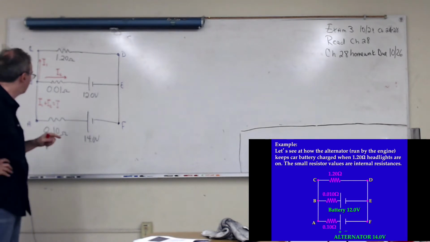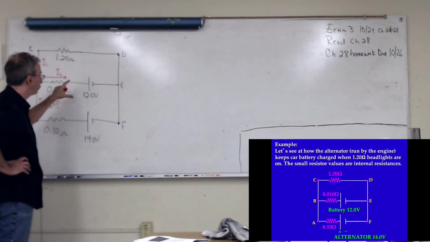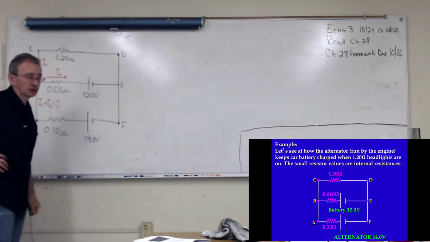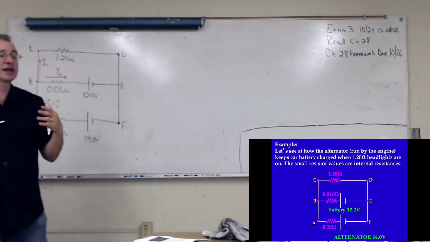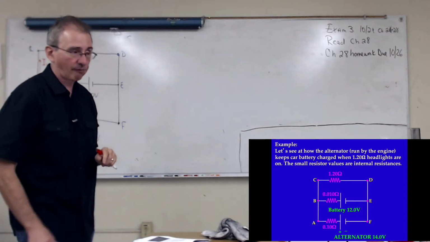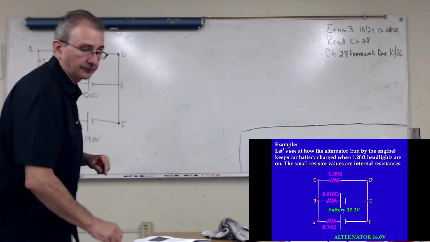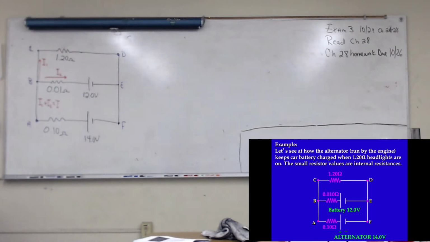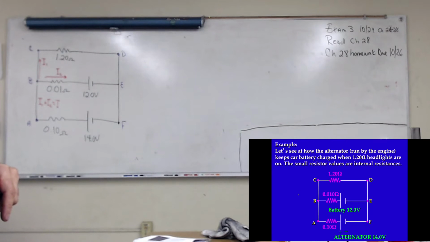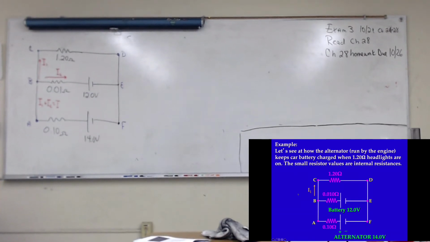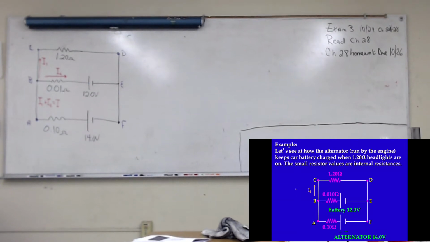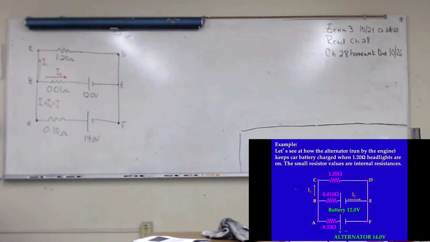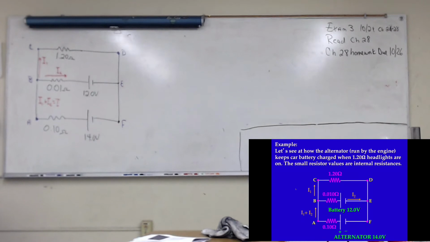In other words, I'm going to sum voltage drops on two of the three loops. I just have to make sure that the two loops are independent of each other. That's all. So in the figure, I try to be consistent with my figure.